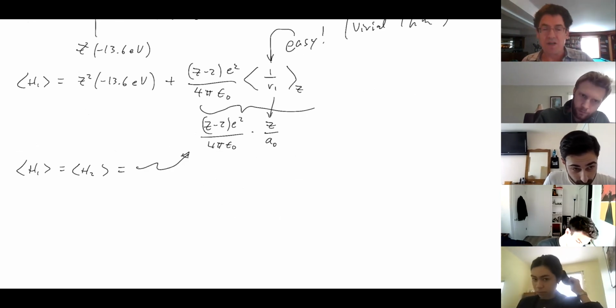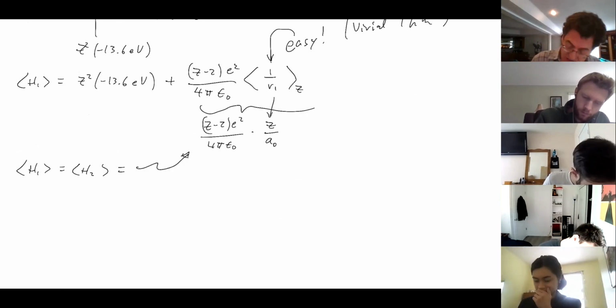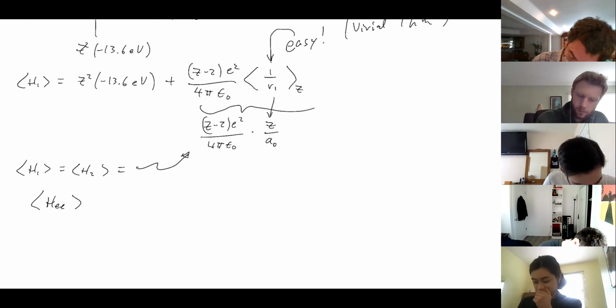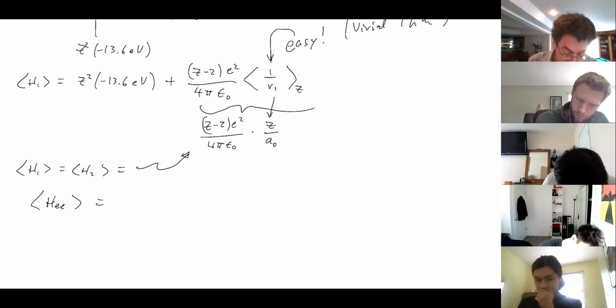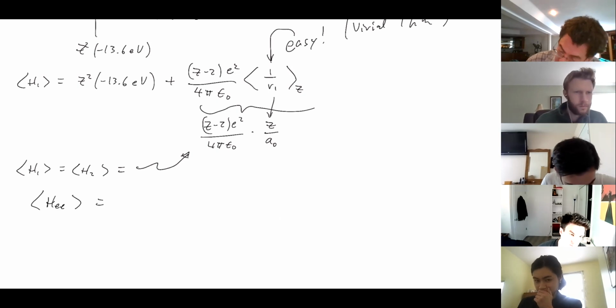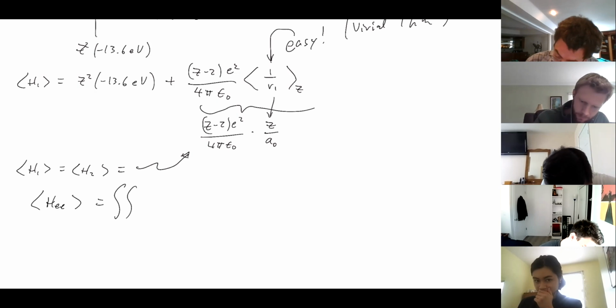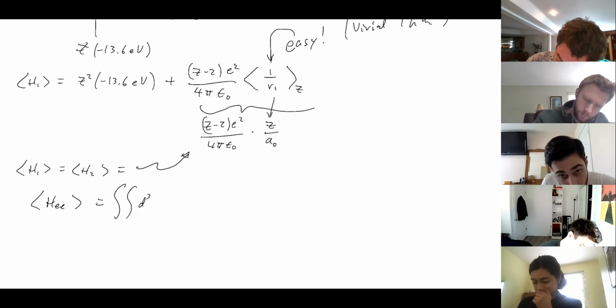Okay, so that part is actually pretty easy. But then you have this hard integral to do. Then you have to calculate this interaction term, HEE, which is actually a lot harder. And when you set that up, it's going to be this integral, it's a hard integral, but it's a doable integral.